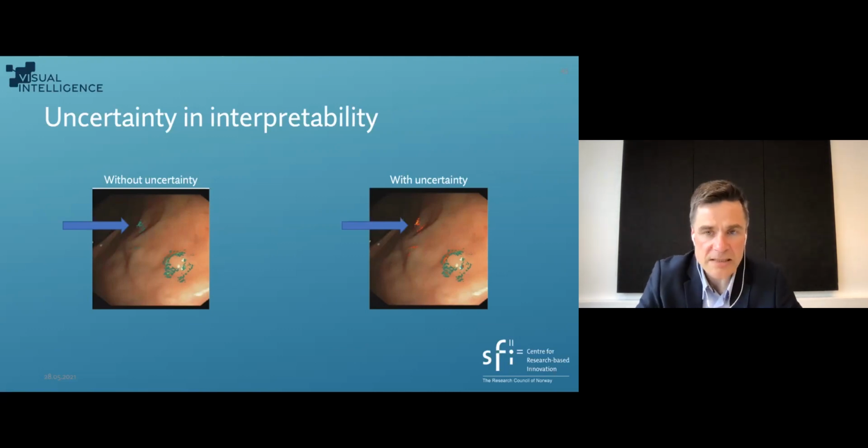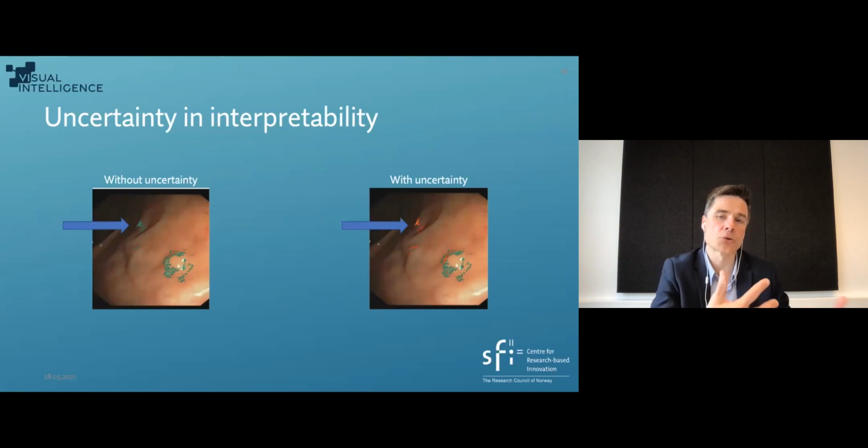So it's quite a simple method, and this is also why I think that other people will pick up on this. We've already seen that happening, and maybe it will be developed in a better fashion by other people, or by ourselves later on. The key point is not only to say something about the importance of pixels driving certain predictions, but also to quantify the uncertainty of this importance when we have interpretable systems like this.